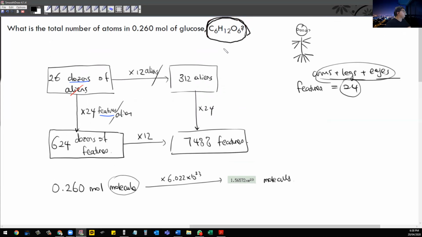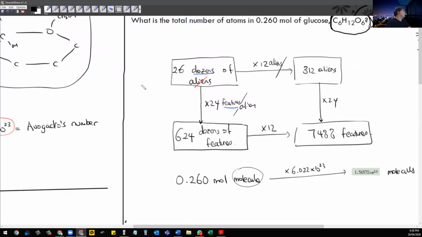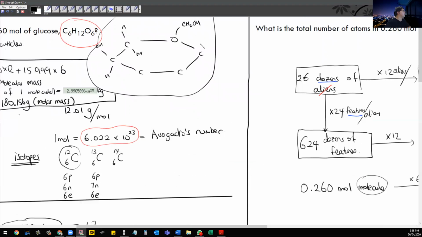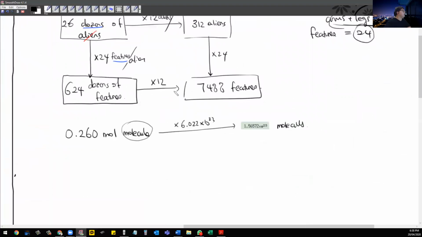Molecule is the word that refers to this whole thing. You see how I drew that diagram? So that's one molecule, inside of which there are 24 atoms, right? In one molecule, you have 24 atoms, so times by 24 atoms per molecule. Then you get the answer in atoms.